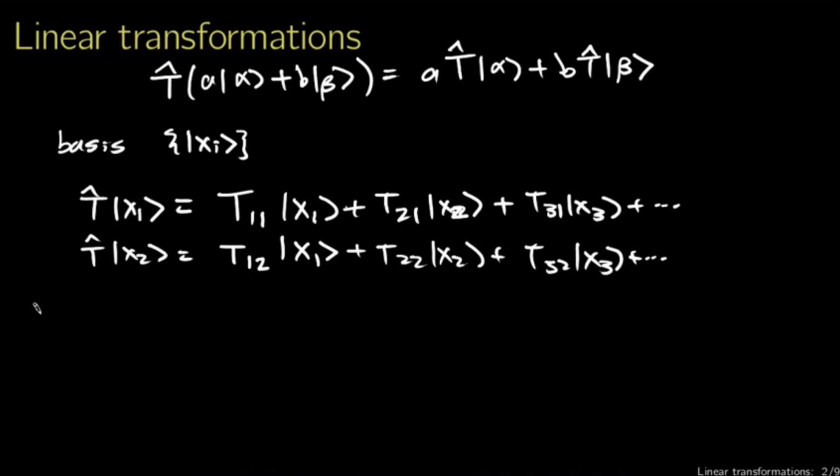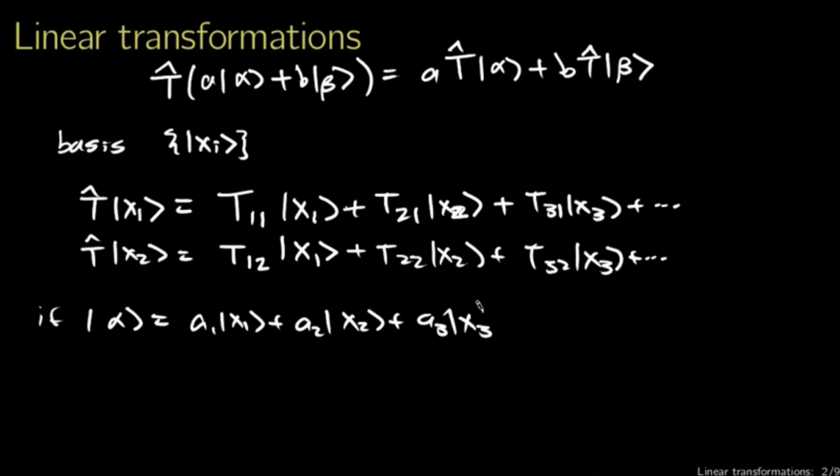So if I have some vector alpha, being expressed as a1 x1 plus a2 x2 plus a3 x3 plus, etc., up to xn, I can write that as a sum over, say, j equals 1 to n of aj times x sub j.